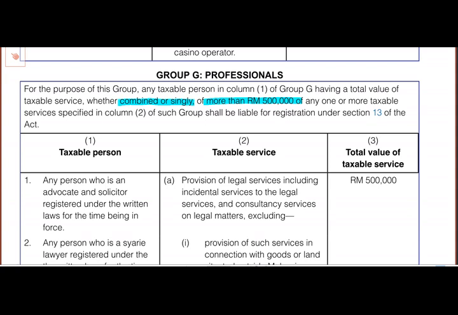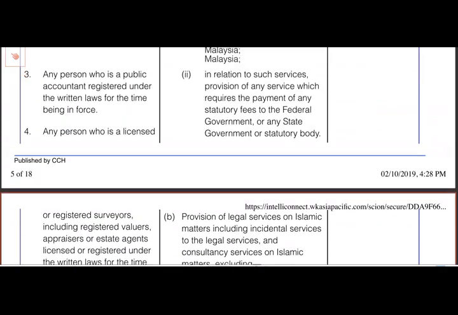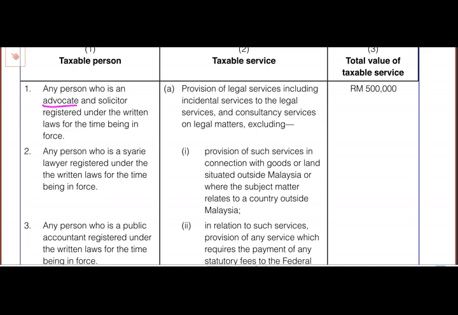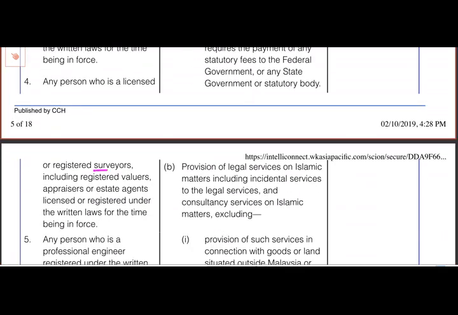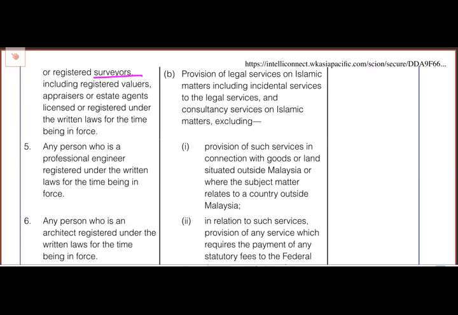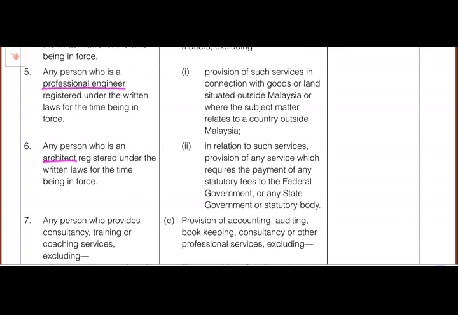Now, we just run through the list of persons. So generally we have lawyer, normal traditional lawyer or the Sharia lawyer. Okay, now we have accountant. Next page. Surveyor. All right, surveyor. Engineer. Architect.